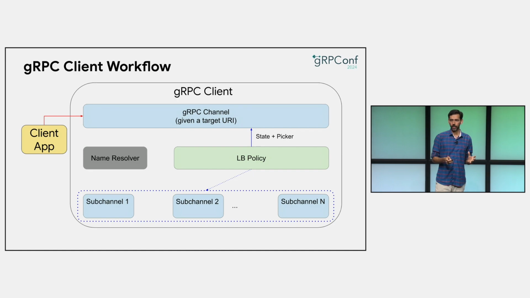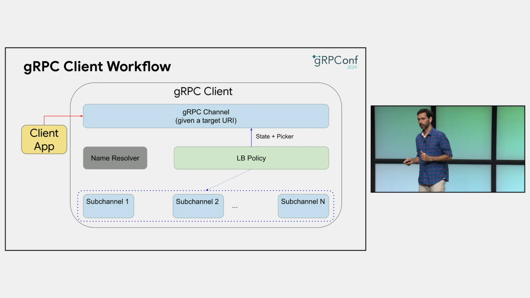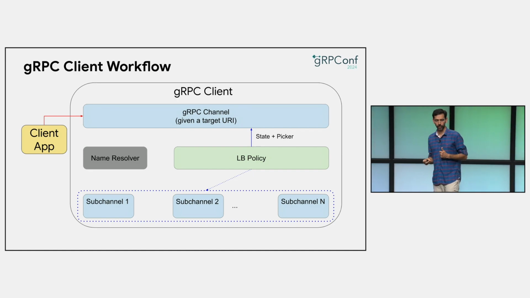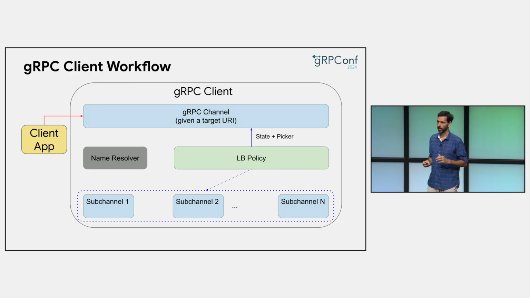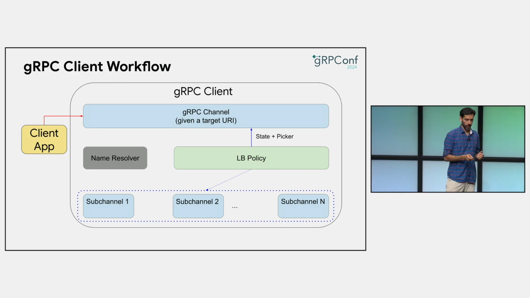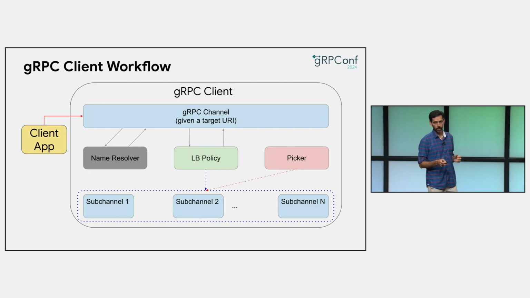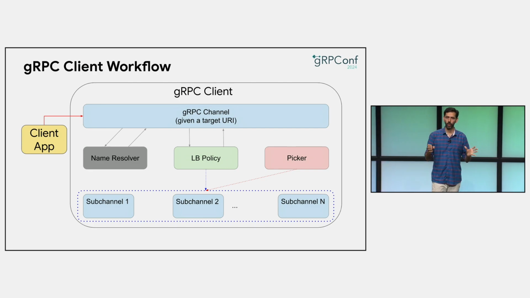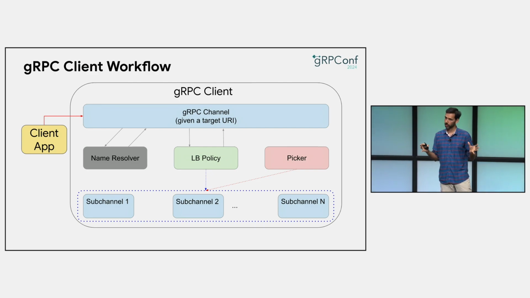At some point, the LB policy will return an aggregated connectivity state to the channel, and it'll also return what we call the picker. The picker, as I mentioned earlier, is the call management component. Basically, it's invoked for every RPC to select a subchannel from the list of subchannels that are available.